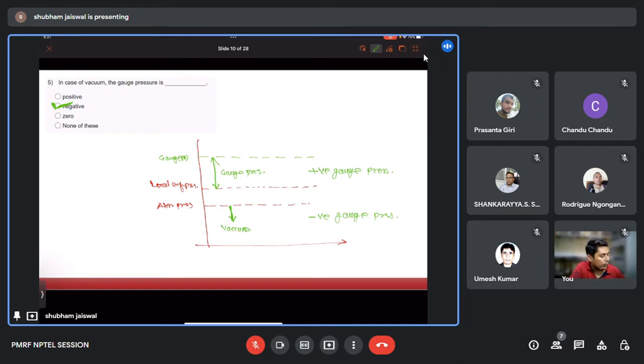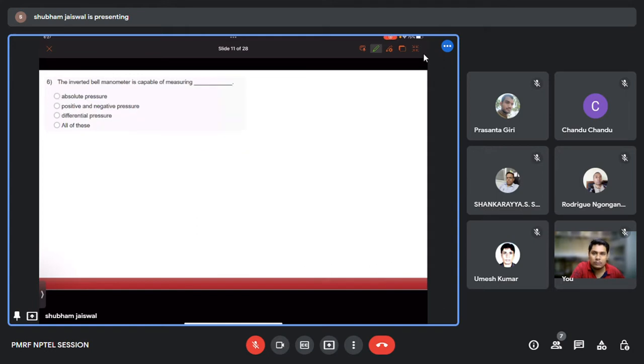So, moving to our next question. The inverted bell manometer is capable of measuring absolute pressure, positive and negative pressure, or differential pressure, or all of these. Anyone?